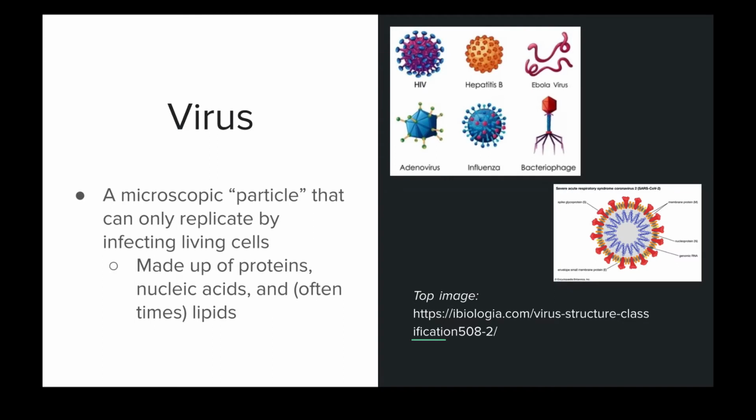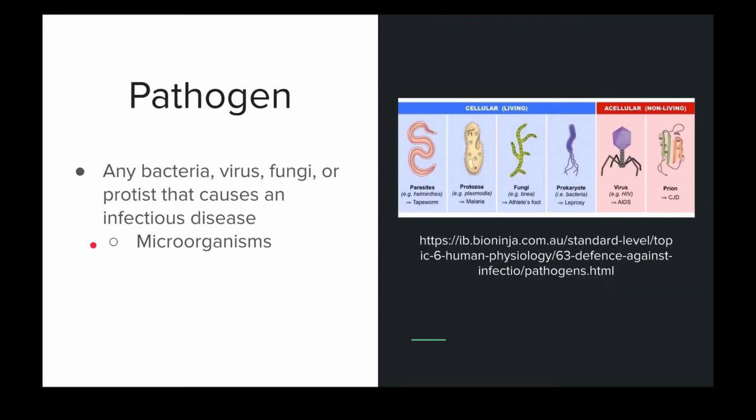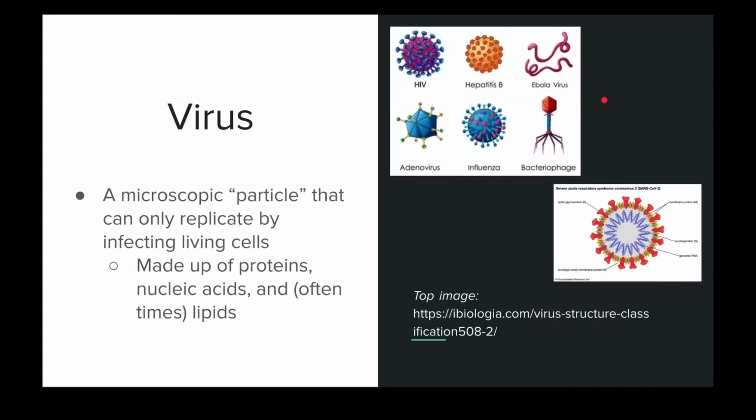So let's talk more about viruses. A virus is a microscopic particle that can only replicate by infecting living cells. So if we head back to the other slide, since a virus is acellular, it cannot live on its own. It has to have a host cell that it can replicate off of, that it can use the energy off of. And a virus is made up of proteins, nucleic acids, and oftentimes lipids.